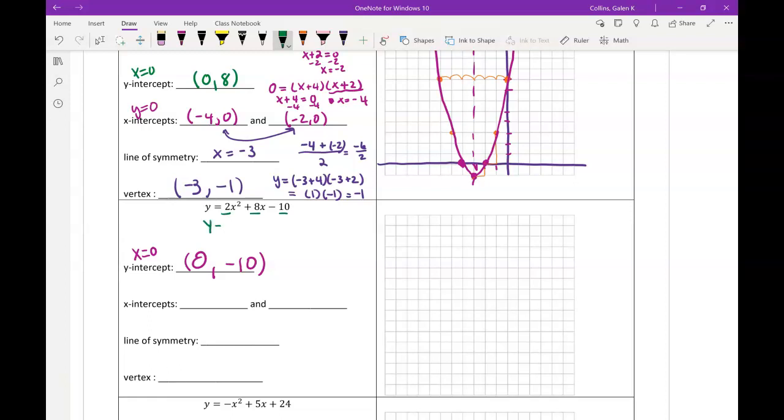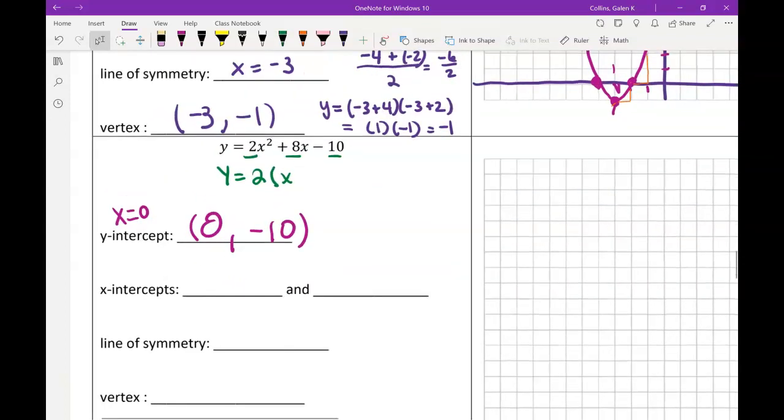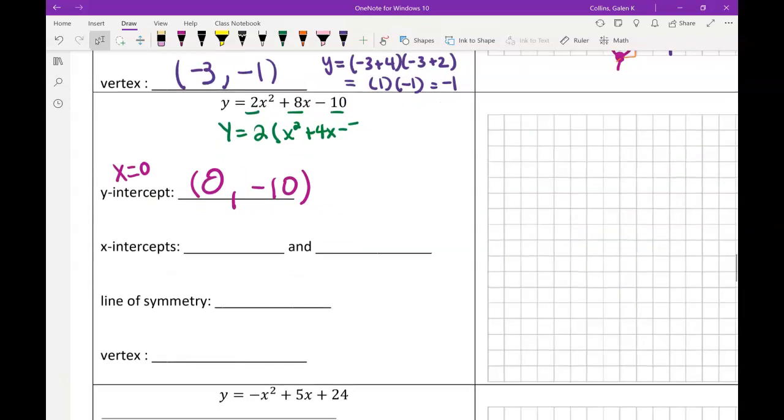So to help us out, let's start by just pulling out a 2 and thinking of this as like two rectangles of x squared plus 4x minus 5. So really, by doing that, I can ignore the 2 when I'm factoring and just factor this part.